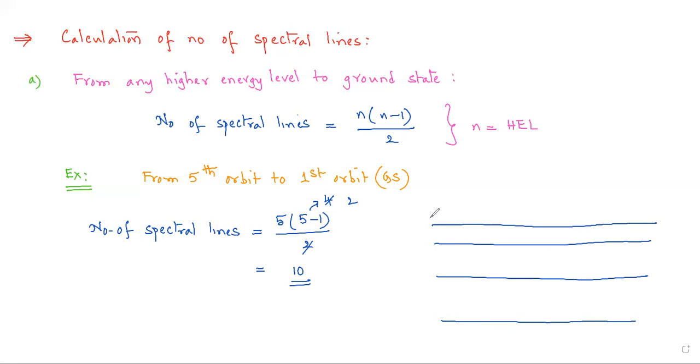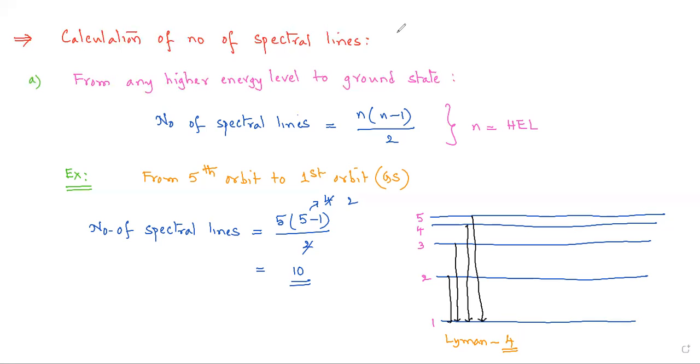Let me show you what those 10 lines are, if you want. Let me give you some more clarity on this. Of course, first, second, third, fourth, and fifth are there. Fifth to first, fourth to first, third to first, second to first. You get 4 lines in the Lyman series.